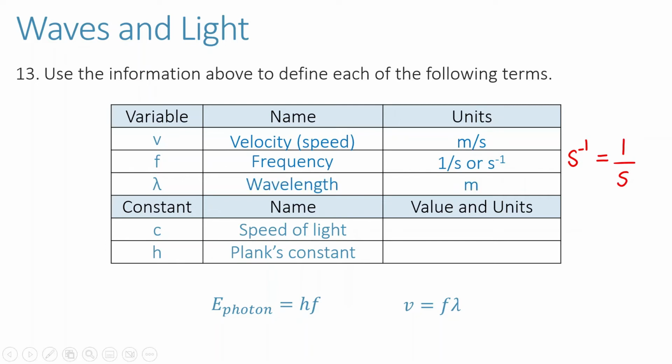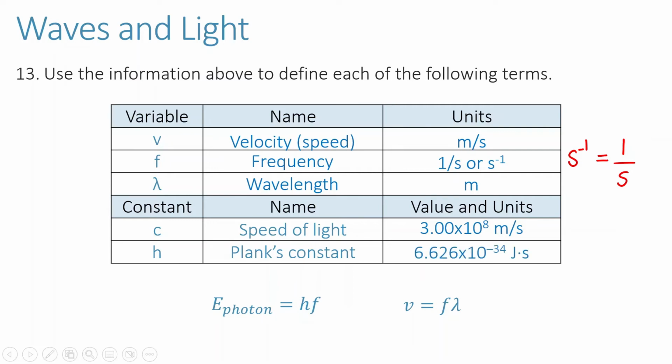Wavelength is measured in meters. Now, oftentimes the wavelength will be given in nanometers, so we might have to do a conversion in order to handle that. So our constants, we have the speed of light, which is 3.00 times 10 to the 8 meters per second.